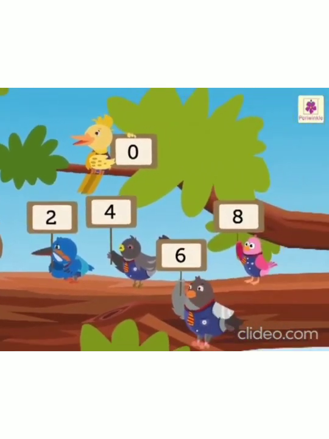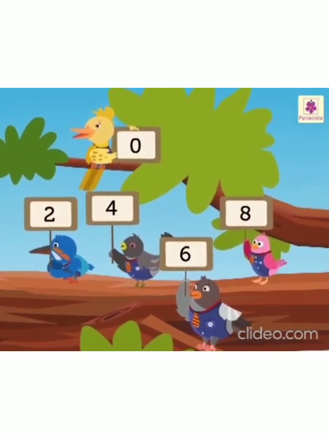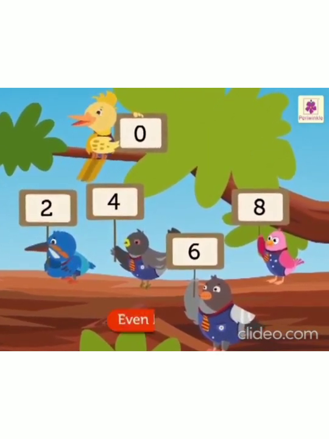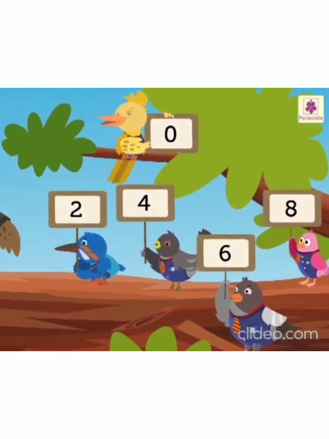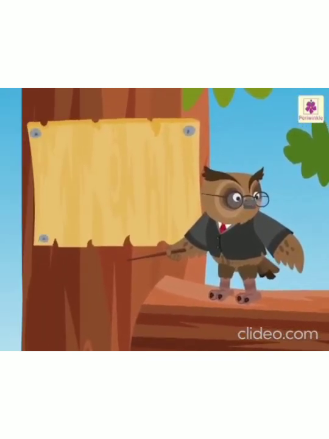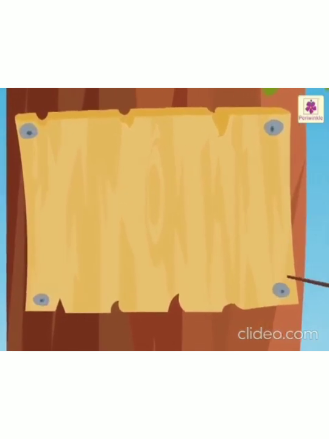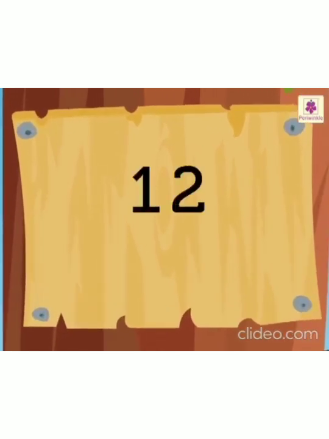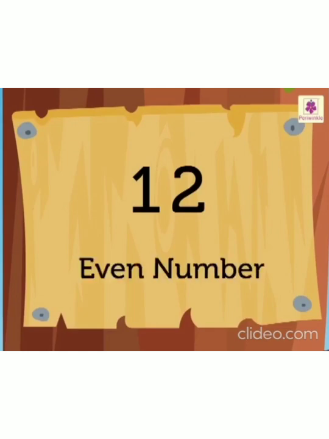All numbers with the digits 0, 2, 4, 6 or 8 in the ones place are called even numbers. Let us see an example. Look at the number 12. Number 12 has 2 in the ones place. So, it is an even number.